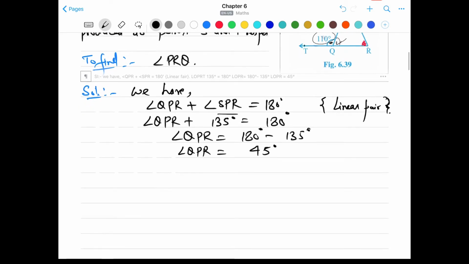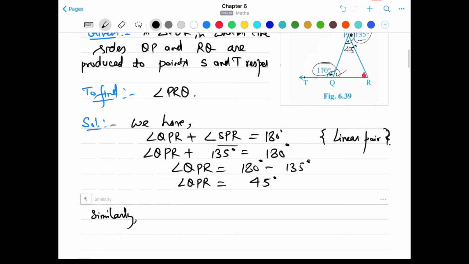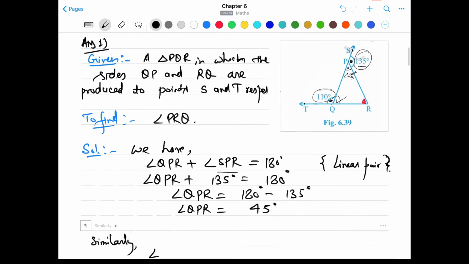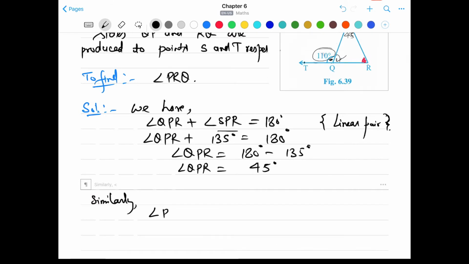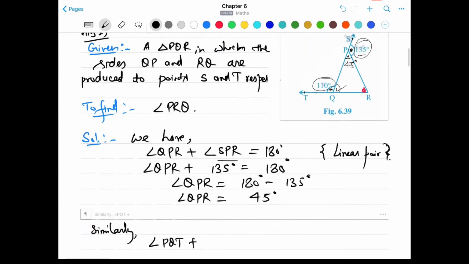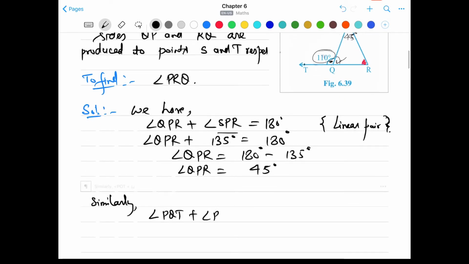Okay, in a similar way you can find this one, angle PQR. So we'll write similarly, the given angle is PQT, angle PQT plus angle PQR equals to 180 degree. Again they are linear pair.